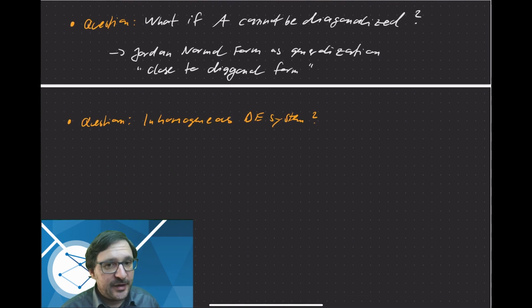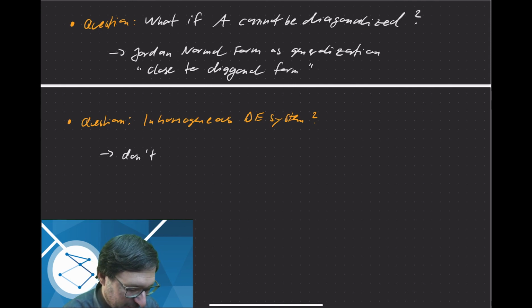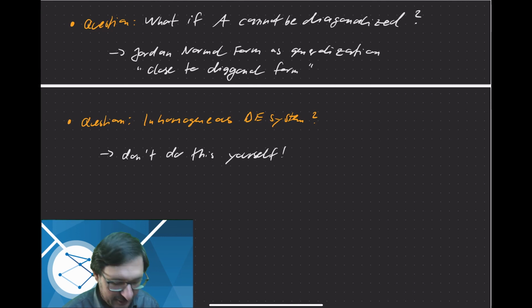We did not deal with inhomogeneous differential equation systems here, again, because that makes things a lot more complicated. So if something like that happens, it's best to not try to do this yourself. It's best to call a trusted mathematician to see what can be done about this situation. Okay? So don't do this yourself.